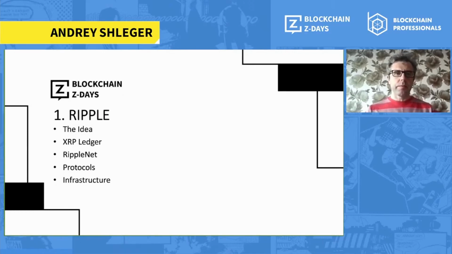What is Ripple? Ripple is a startup which was started about 2012 with Google, and the aim of this project was to replace in the future interbank communications like SWIFT, SEPA, and others.